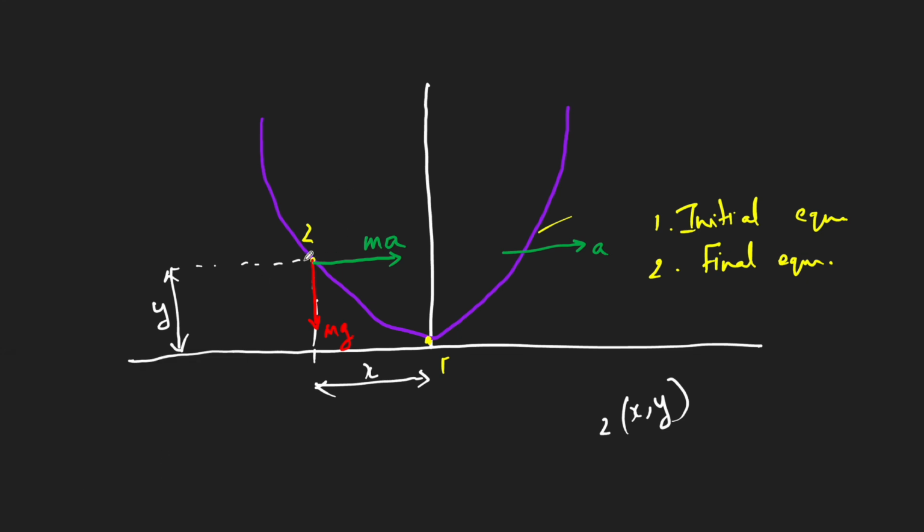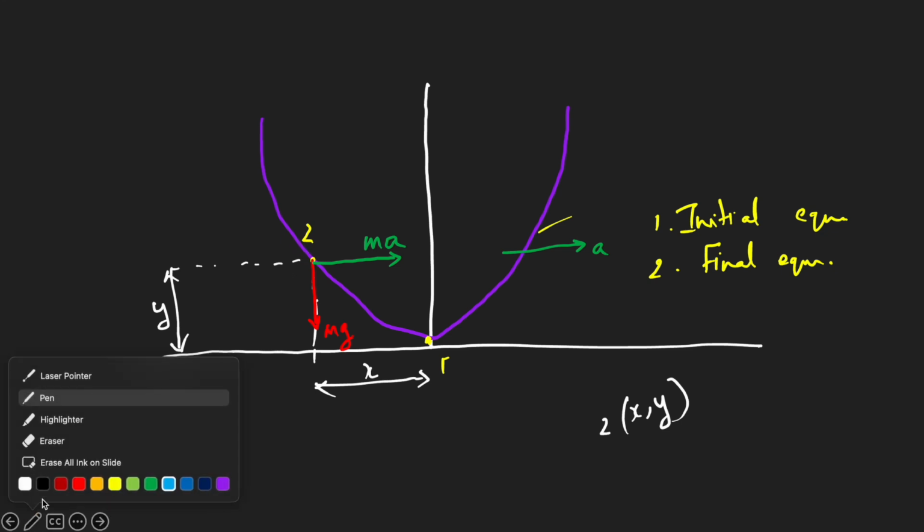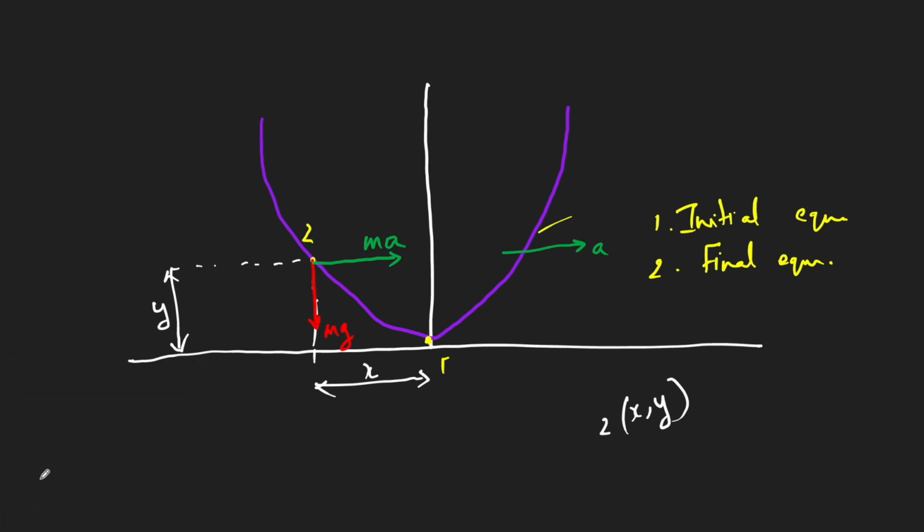Normal force is a reaction force. So at point 2, let's say this is the tangent at point 2. Then there must be a force normal to the tangent.